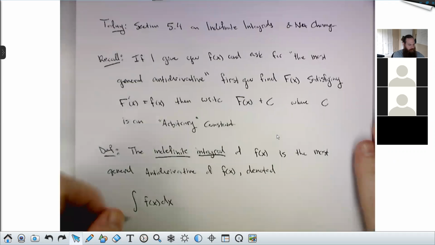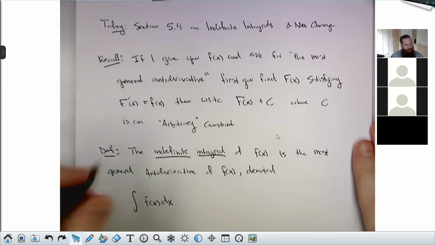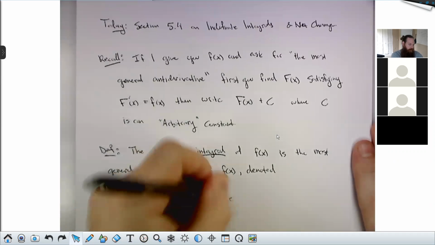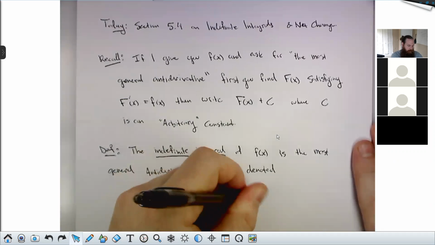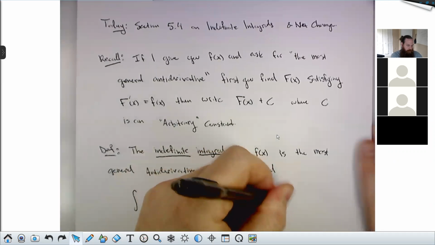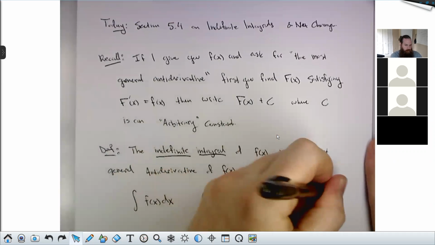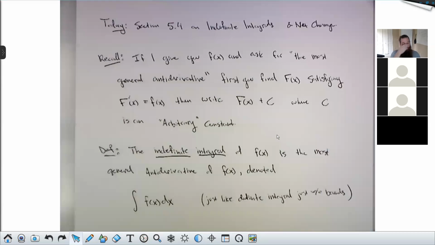And there's no numbers here, right? There's no a here, there's no b here. So this is just like the definite integral, just without bounds. So if you see an integral symbol with no numbers, no a, no b, no like integral 1 to 5, just the integral of f of x, then that's a notation for the most general antiderivative.